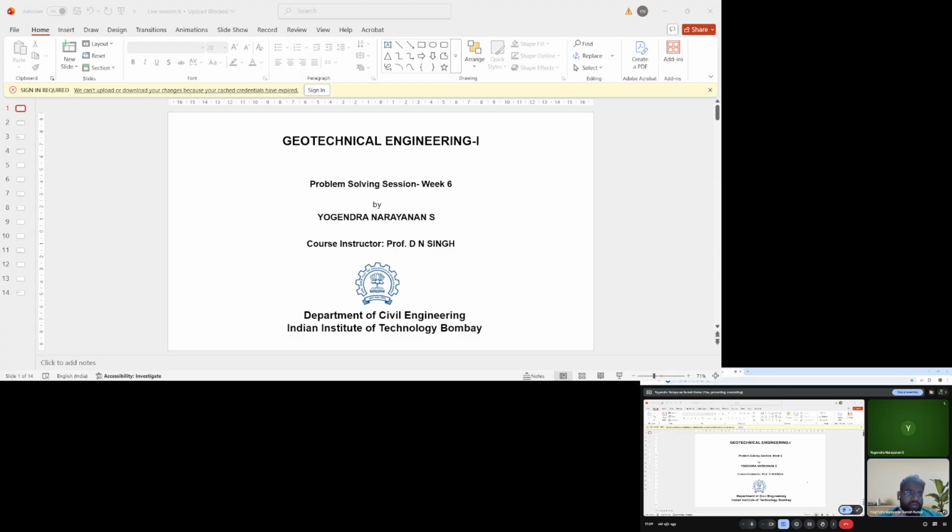Following that, we will be introducing the concept of compaction, the difference between laboratory and field compaction, and its relevancy in the day-to-day practice of geotechnical engineering.